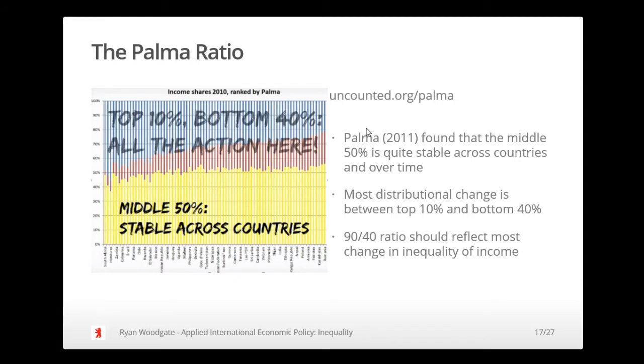Why do we give it a fancy name? Well, because Palma in 2011 found that the middle 50% of the income distribution is relatively stable across countries and over time. So this is what we see in the graph over here. This is based on Palma's paper, although it's taken from this website.